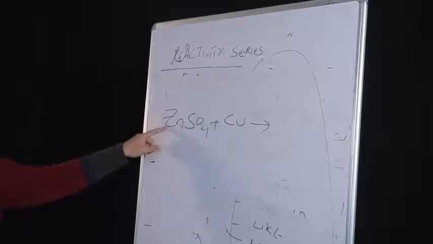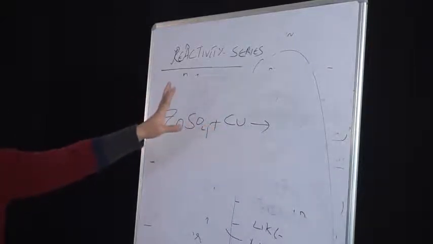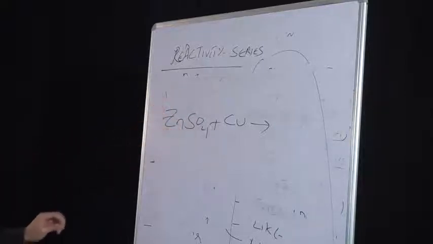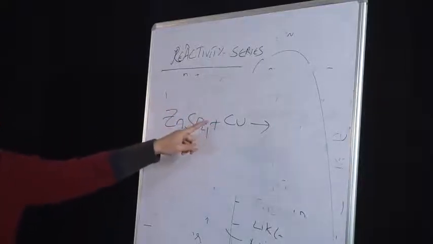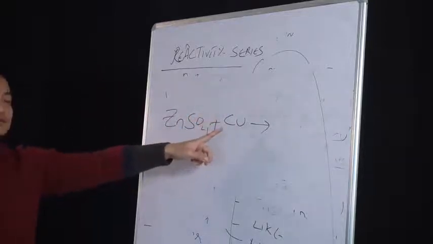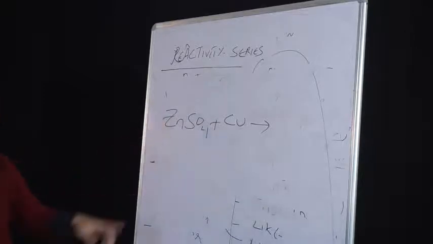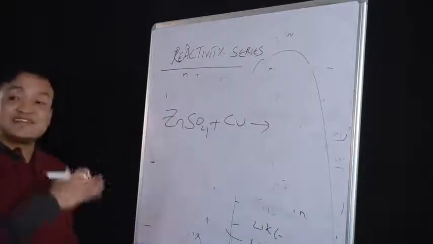Now, zinc and the opponent is copper. So who is the stronger one? Just now we have learned that zinc is stronger than copper. So now in this case, will copper be able to displace zinc?